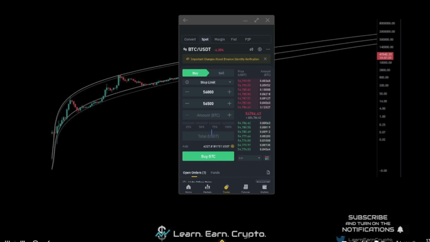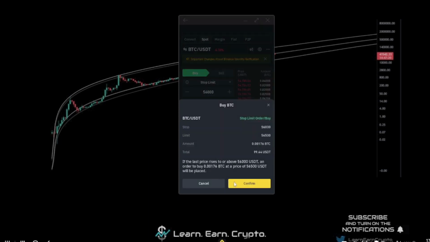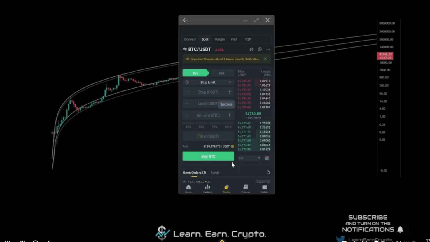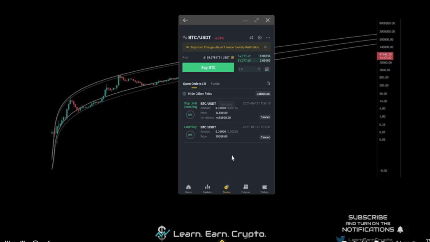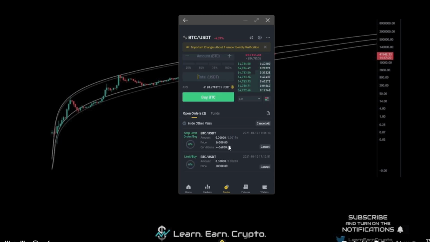And you can put the amount you wish to purchase. You can review the details and then confirm. Your order here shows if the price is above 56,000, then you will place an order at limit price 56,500.